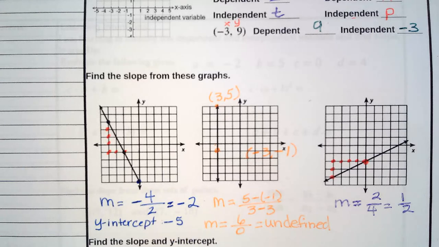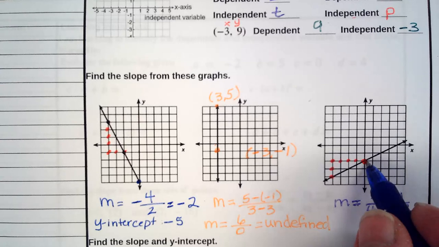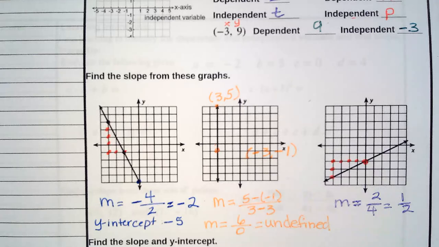If you wanted to put the whole point, you would put 0, -5. Most of the time, you just see -5. Where does it go across the y-axis here? At -1, 2. So that y-intercept is -2.